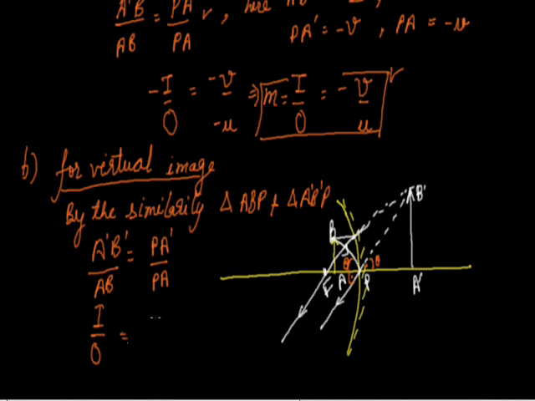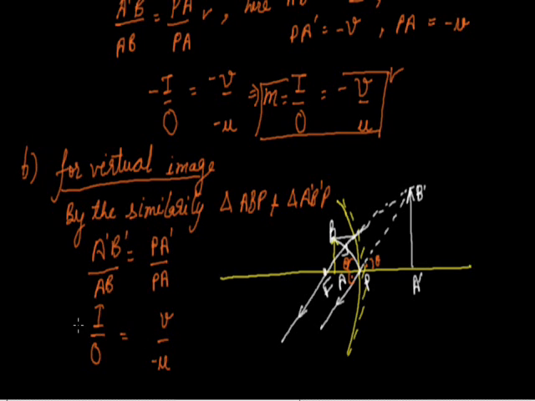And if we talk about the distance PA', that is this distance, it should be taken positive, that is V, and object distance is always negative, as to take it we move in the direction opposite to the incident ray.